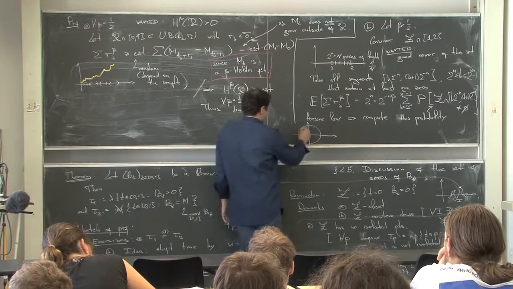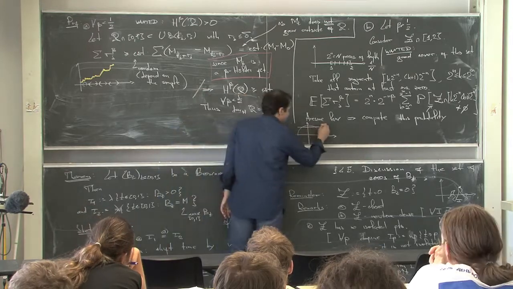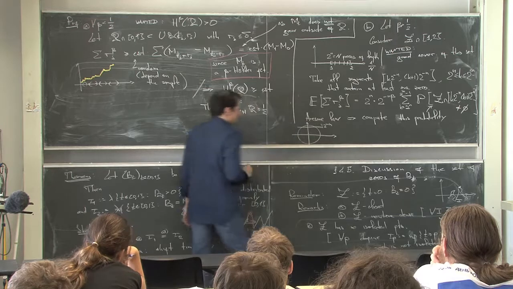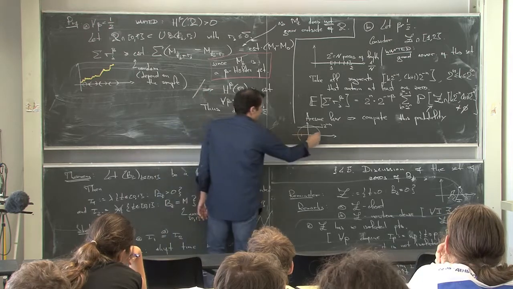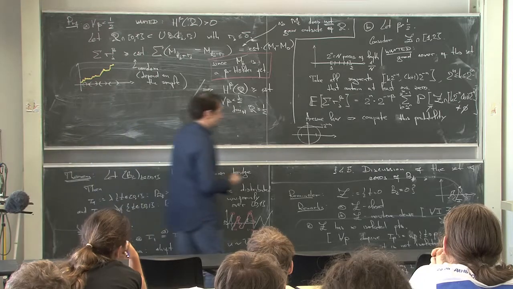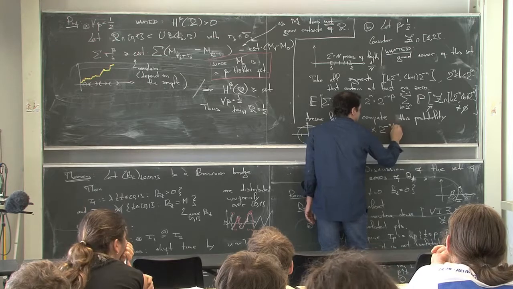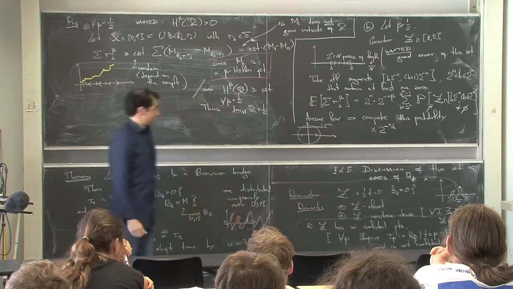The order of magnitude is basically, here we have 2^-n, so here we have a square root because of the arcsine law. So this is of order 2^(-n/2).